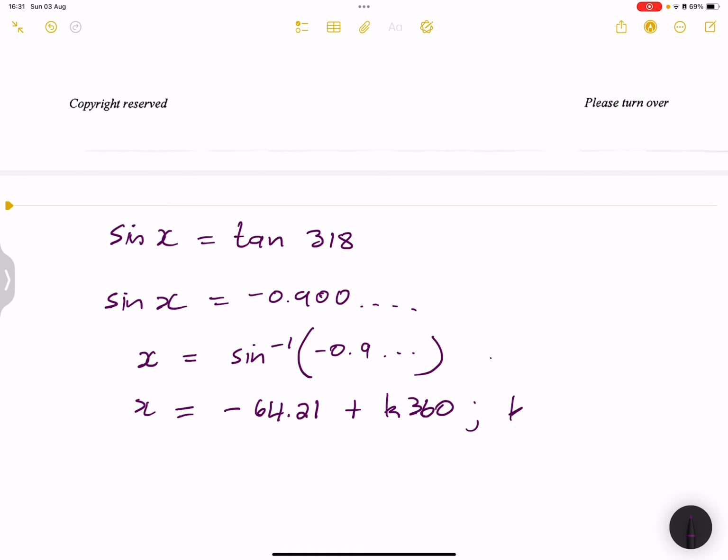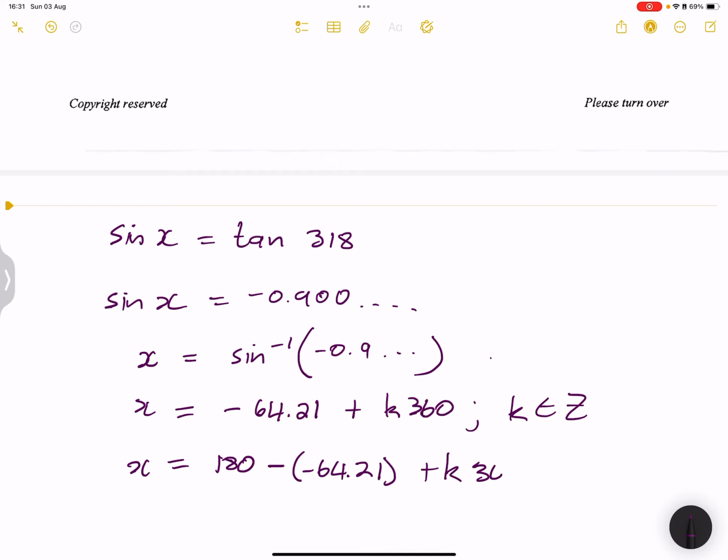But that's not the only solution. We can also say x is equal to 180 minus whatever angle you get when you solve, so that's 180 minus negative 64.21, also plus k times 360.